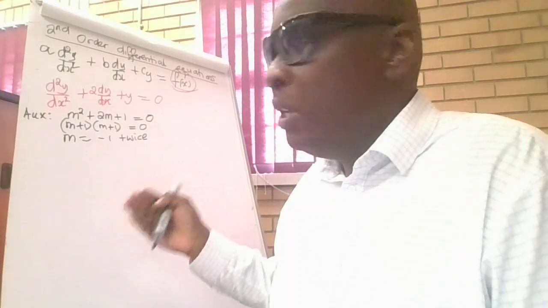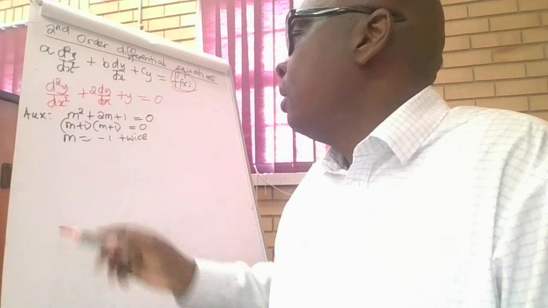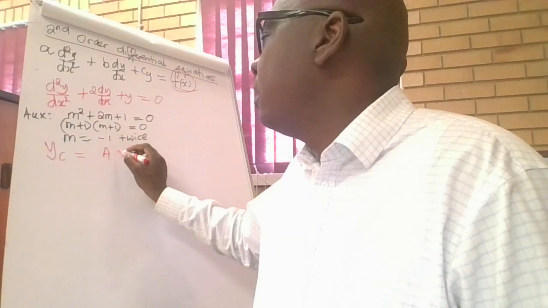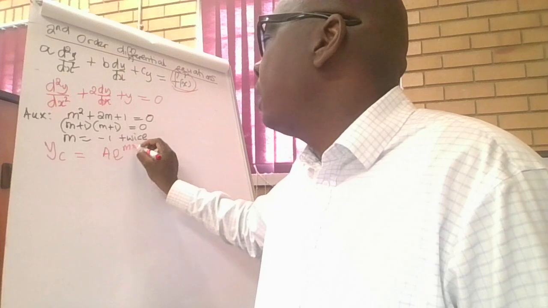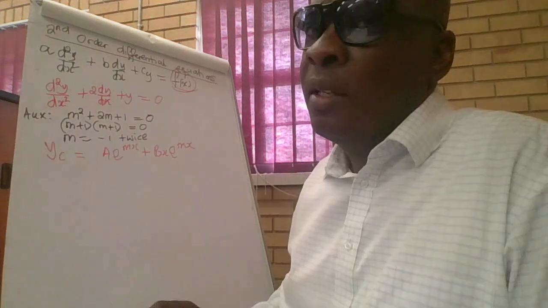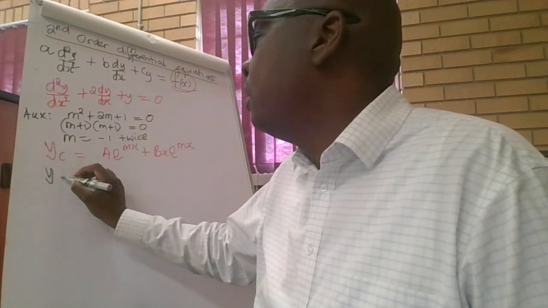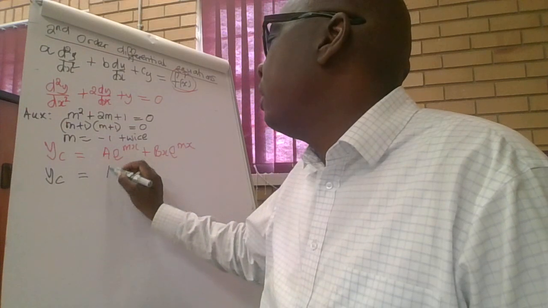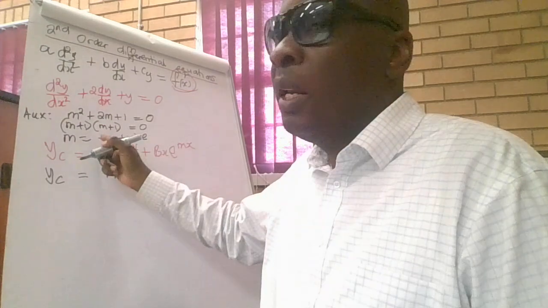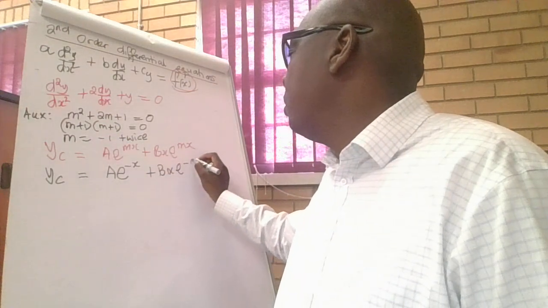So in other words, we have two equal real roots. Remember, we said if you have two equal real roots, yc would take the form a e to the power mx plus bx e to the power mx. So it follows therefore that the complementary function for this would be equal to a e to the power minus x, remember m is minus 1, plus bx e to the power minus x.